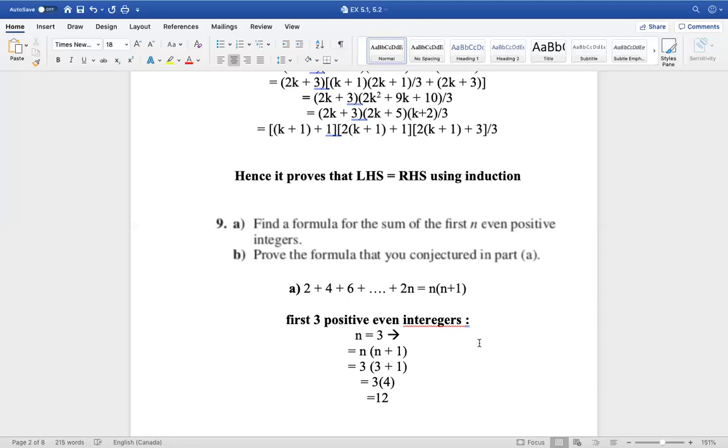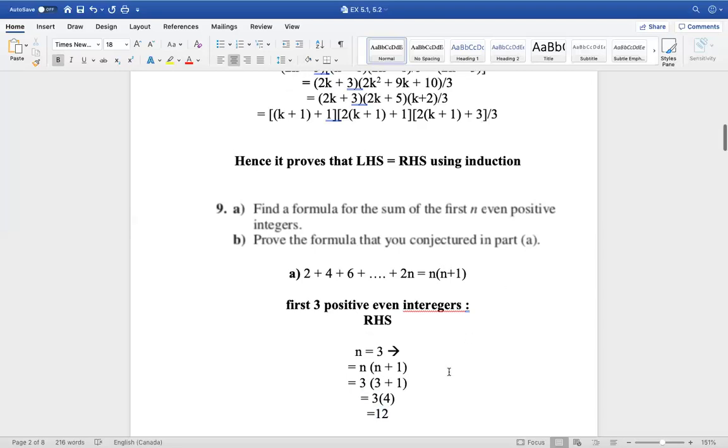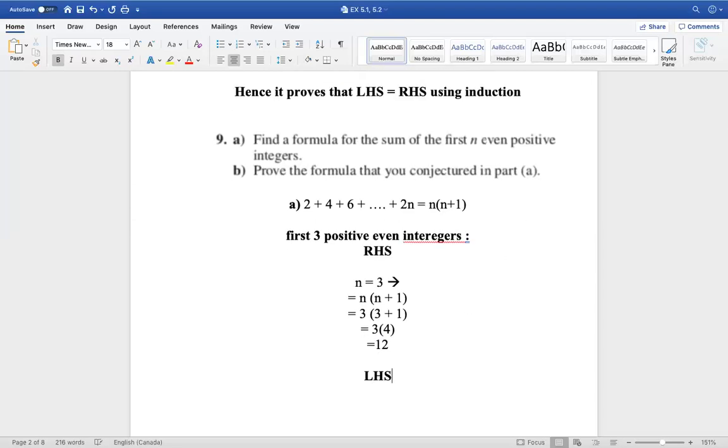Okay, so now this is the right hand side, right? So we find 12 is the answer from the right hand side, and because this is so simple, we can actually do it ourselves. So 2 plus 4 plus 6, this is the value for the right hand side, and if we evaluate the left hand side ourselves, the first positive number is 2, the second one is 4, the third one is 6, which is equal to 12.